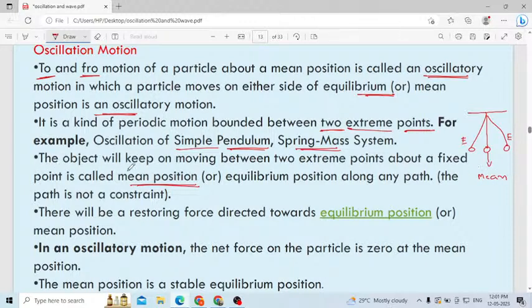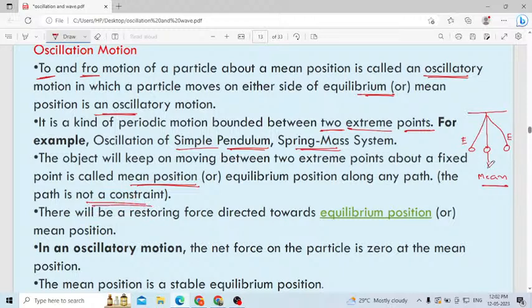The object keeps on moving between the two extreme points about a fixed point, which we call the mean position or equilibrium position, along any path. The path is not constant.